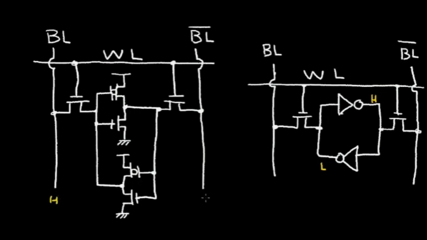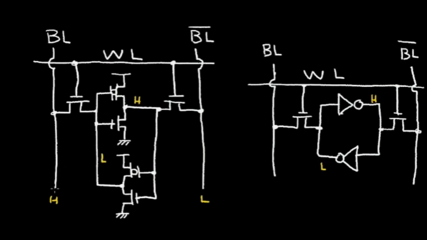And the not bit line is always the opposite of the bit line, so it'll be at a low level. Now let's presume that these cross-coupled inverters have the opposite data. So I have a high voltage sitting here and a low voltage sitting here. And I want to force in the opposite conditions.